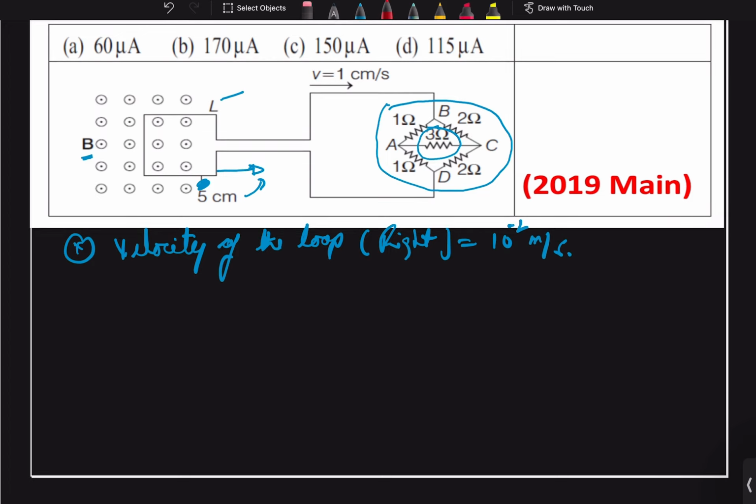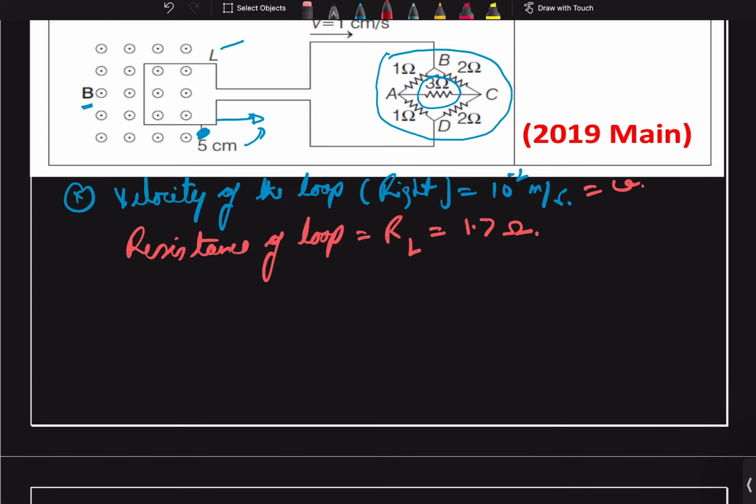We are also given the resistance of the loop, let us suppose this is RL, and that is given as 1.7 ohm, and we will also be requiring the area A of the loop. A will be 5 into 10 to the power minus 2 meters.